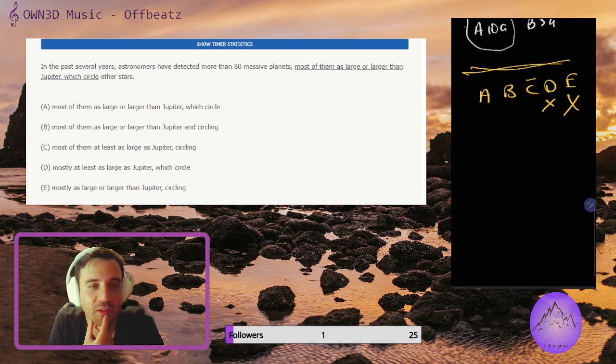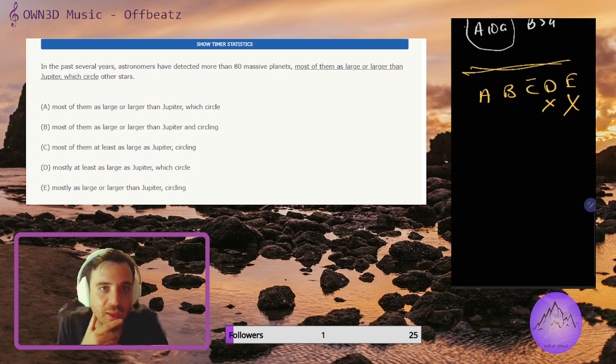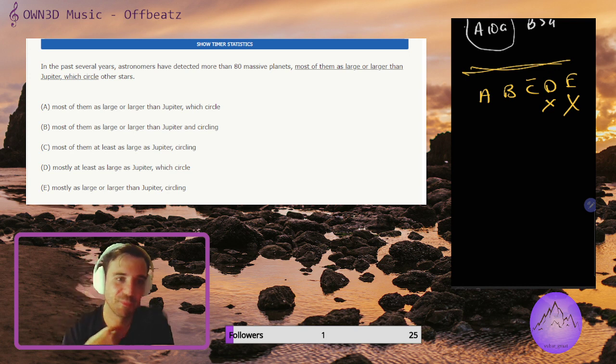And then I'm left with B and C. And to be honest, "most of them as large or larger than Jupiter and circling other stars," I don't think there's anything technically wrong with that sentence, or nothing that I know that's technically wrong with that. It's just wordy, a bit cumbersome, and a bit awkward to say and read. And I think C says exactly the same thing, but more succinctly and more clearly.